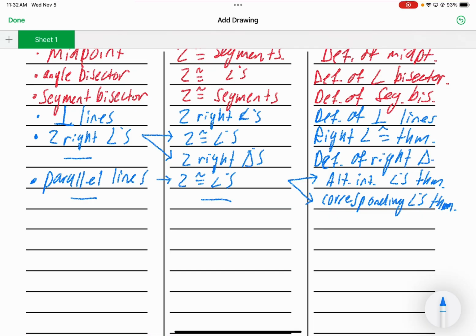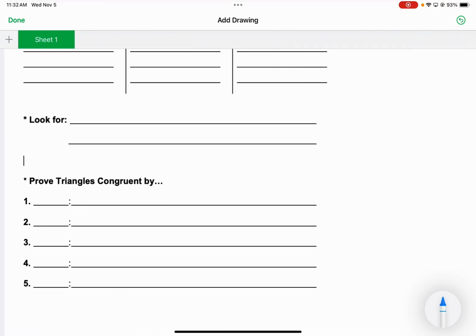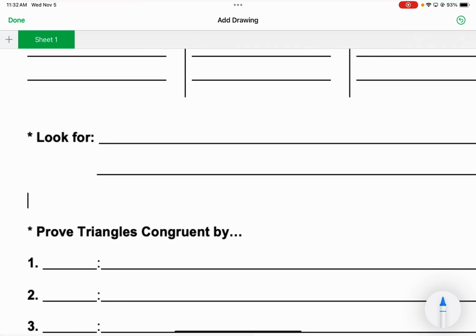There are more things that I want to add on there, but I'm going to wait. I want to go down below, okay? What are 2 things that you should look for in every picture? What are 2 freebies? What type of angles? Look for vertical angles. And then you would use vertical angle theorem.